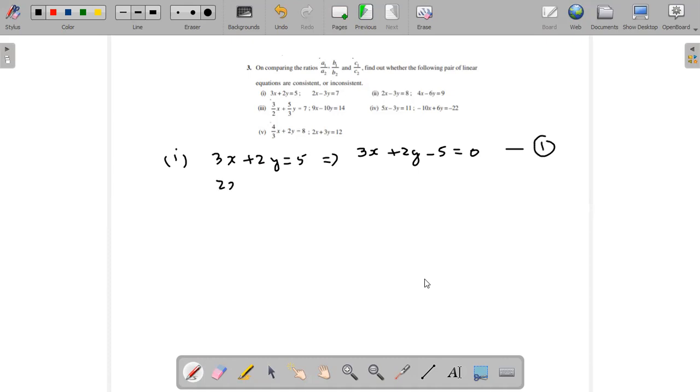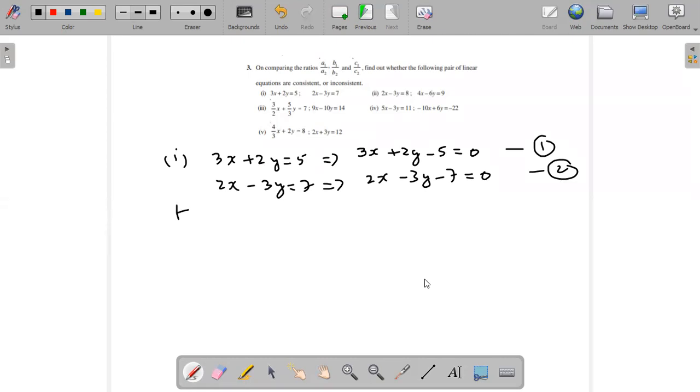And second equation is 2x minus 3y is equal to 7. So you have to bring 7 on left hand side. So 2x minus 3y minus 7 is equal to 0, equation number 2. Now check A1 upon A2, B1 upon B2, C1 upon C2.